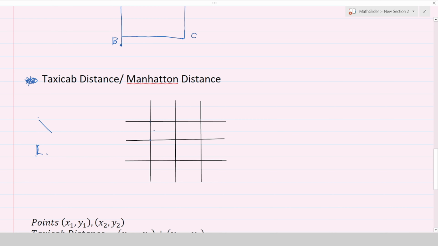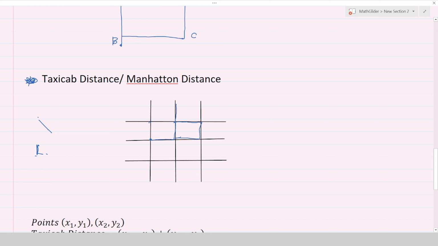We cannot go like here to here. If we want to travel from here to here, we have to go by this path. So that's why it is called a taxicab distance, because we visualize it like the path our car can travel through these lines only. So this is how you visualize the taxicab distance.